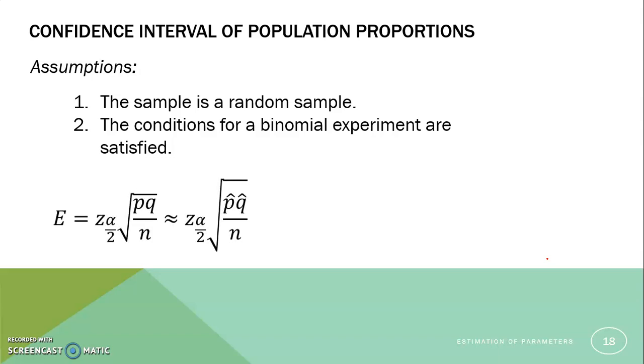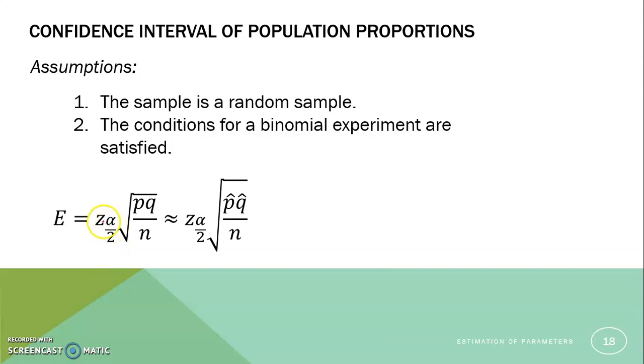Okay, so this is now the margin of error. As you can see, we have here Z. Why do we use Z here? In the previous topic, we discussed in the properties the large sample. So we can utilize Z, which is the area under the normal curve, or the standard deviation on the normal curve.